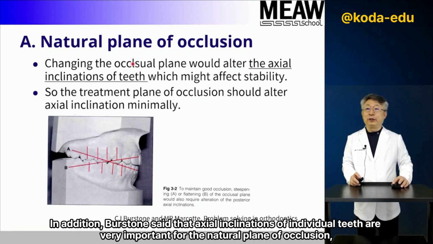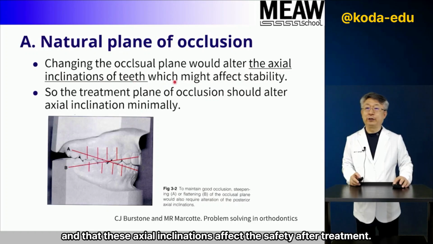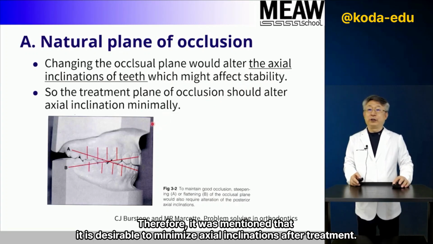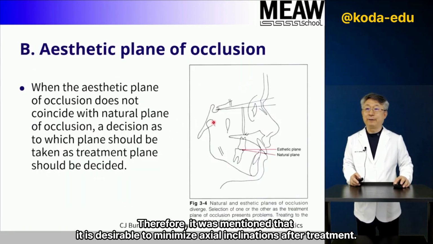In addition, Burstone said that axial inclinations of individual teeth are very important for the natural plane of occlusion, and that these axial inclinations affect the stability after treatment. Therefore, it was mentioned that it is desirable to minimize axial inclinations after treatment.